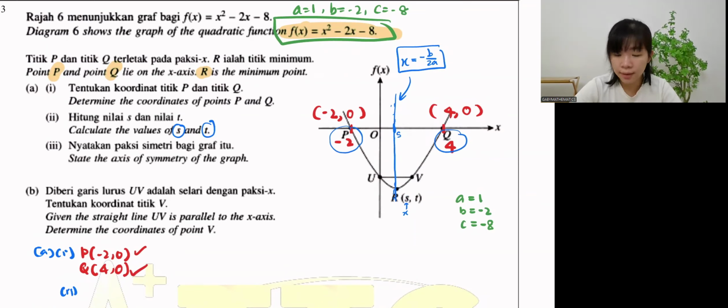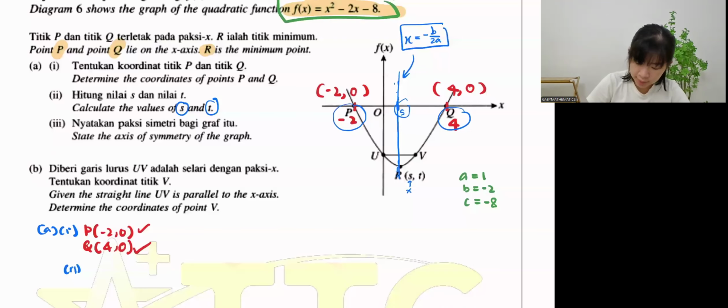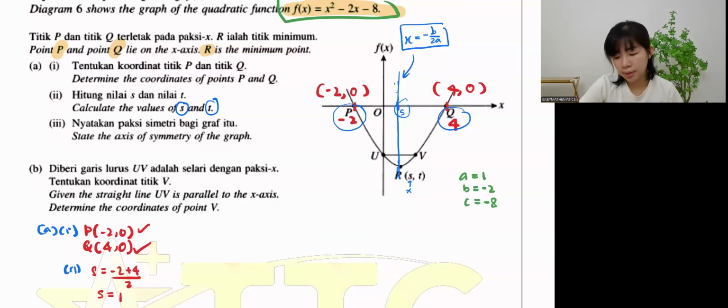Do you agree or not? Since I have x1 and x2, I can just find the midpoint. So S is negative 2 plus 4 divided by 2. So the answer S is 1. This is using x1 and x2, add together, divide by 2, to find the midpoint.